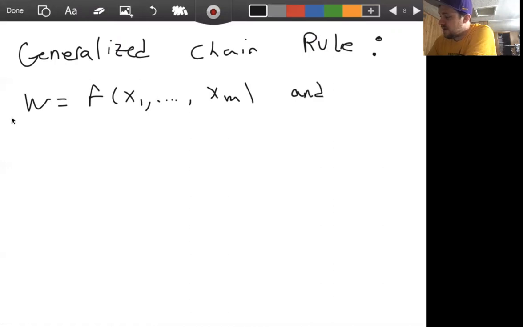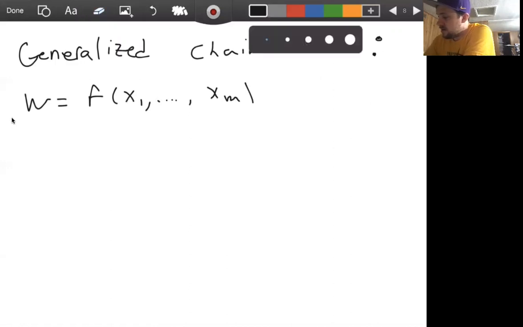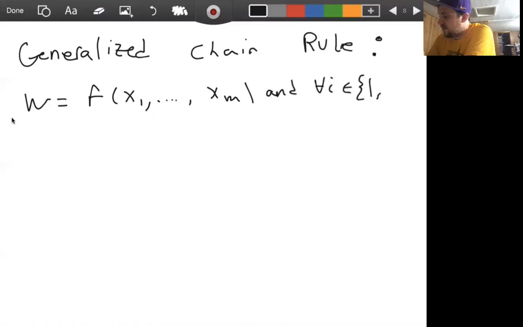And for all i in the set from 1 to m, we have that the variable x sub i is actually a function of n variables.